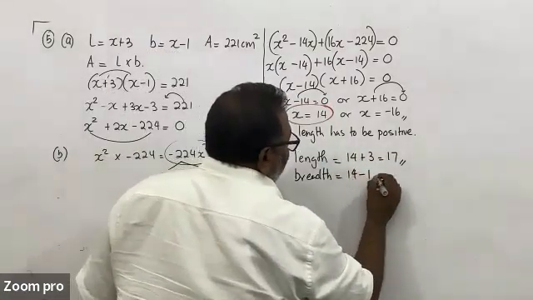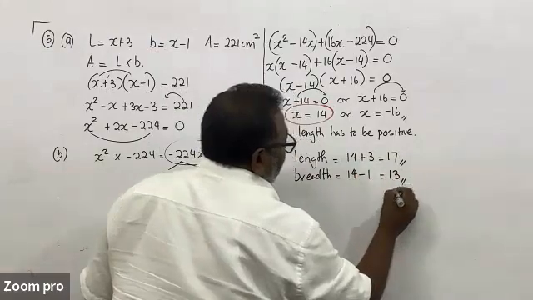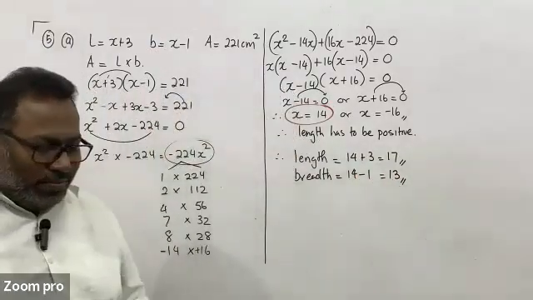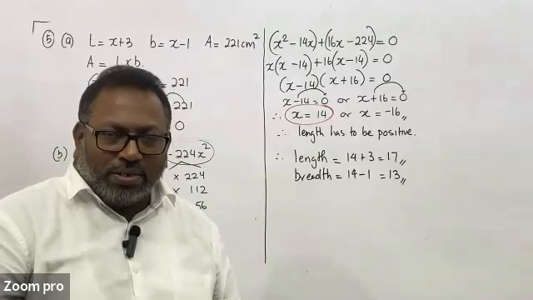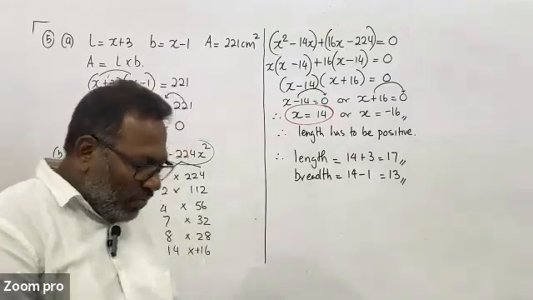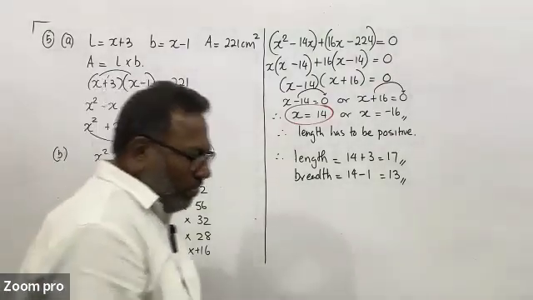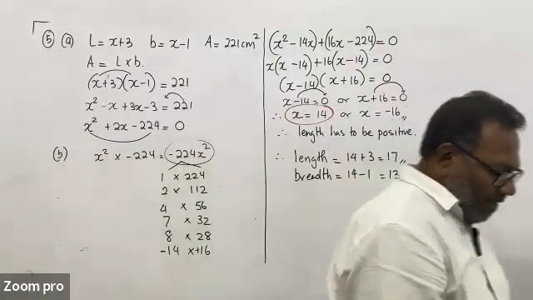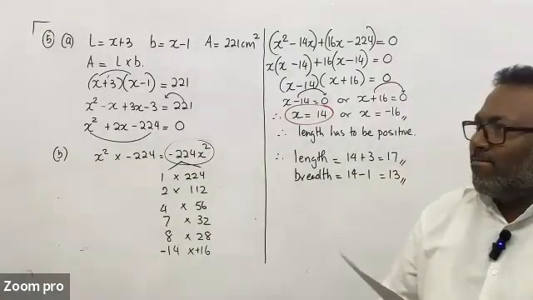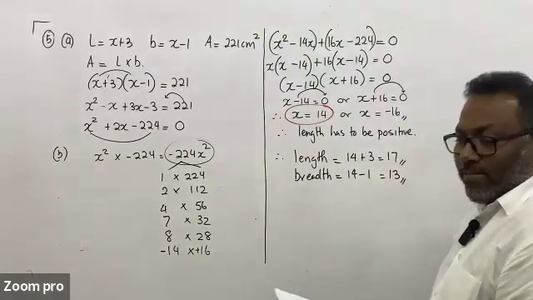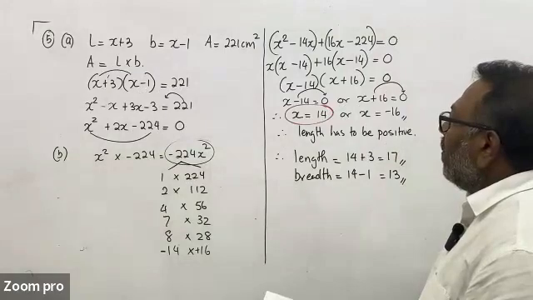So 14 minus 1 is 13. Okay. 17 and 13 are the values for length and breadth. Okay, any questions? Any questions?